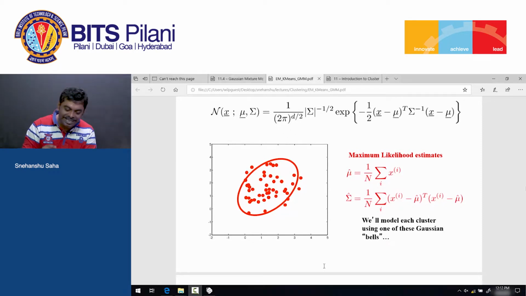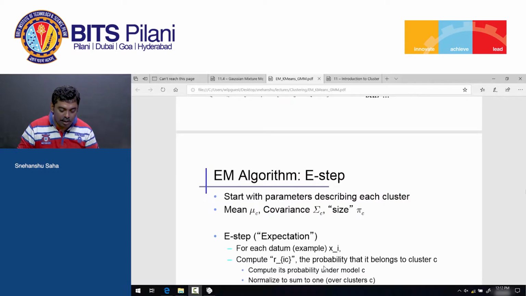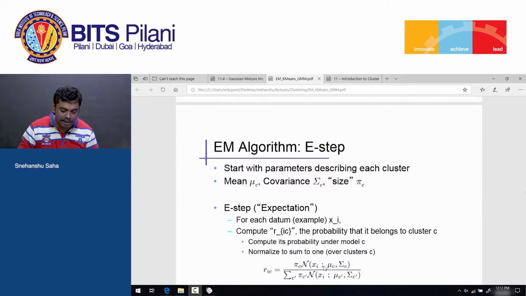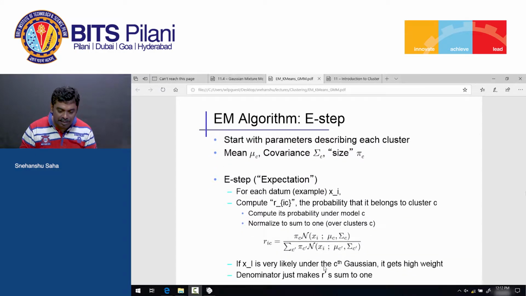But the idea is each cluster will be modeled using one of the Gaussian bell curves. Now you use the parameters which describe the cluster. So what are the parameters? Because you are using the Gaussian, your parameters are the mean of the cluster, the covariance of the cluster, and the size of the cluster as well.